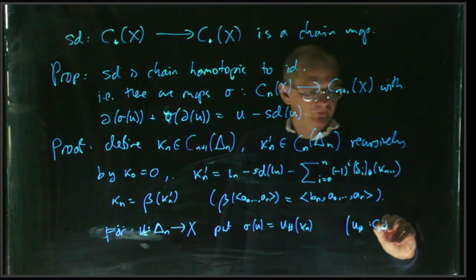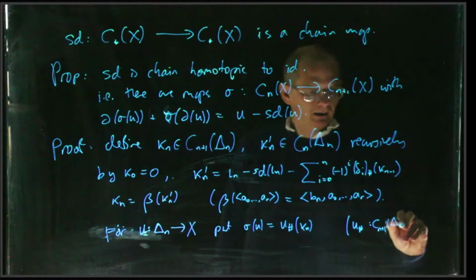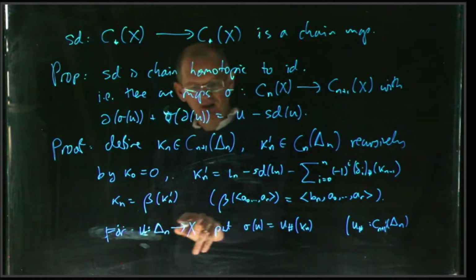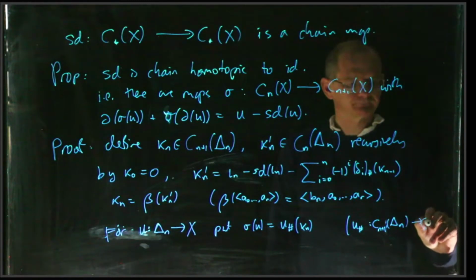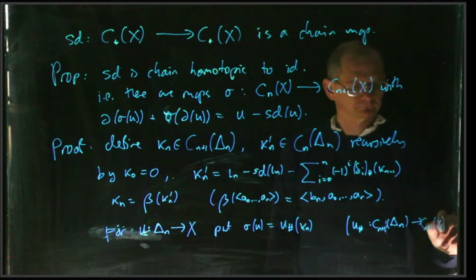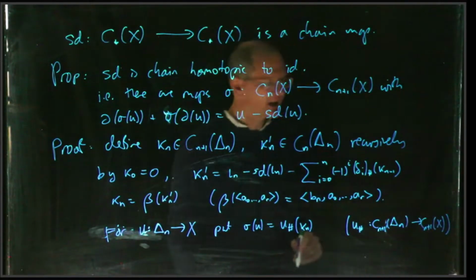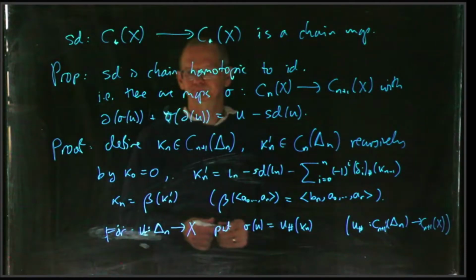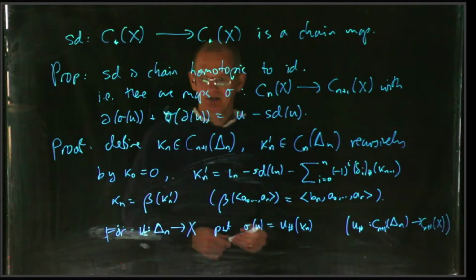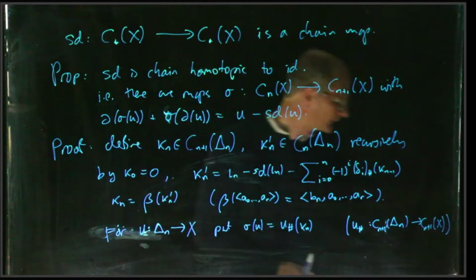Remember, this u hash gives me a map from C_{n+1} of delta n to C_{n+1} of X. And we apply that to our basic kappa n, and that gives us our sigma of u. Okay, so that's the definition. We need to check it works.